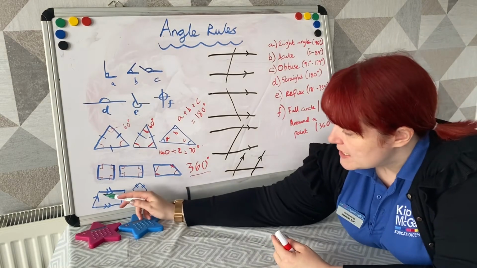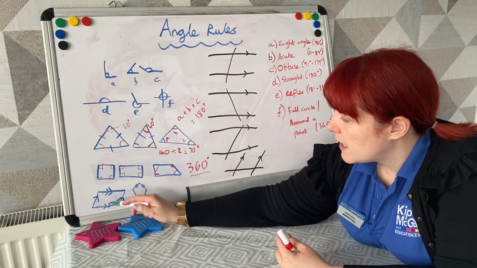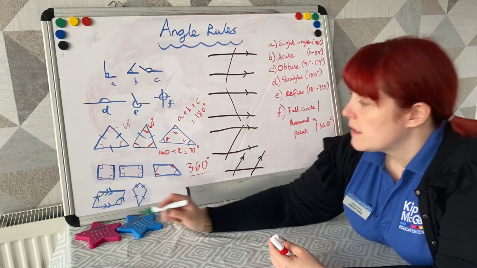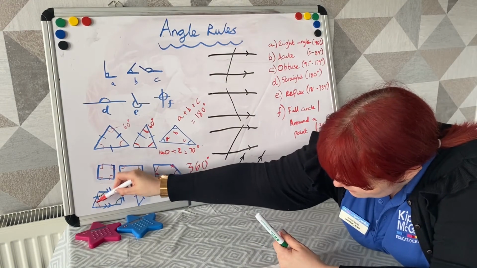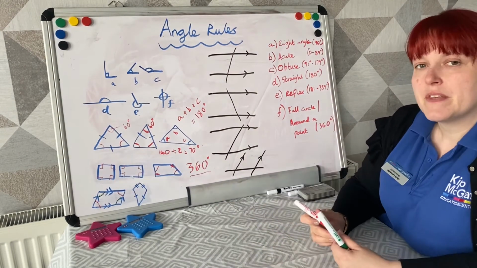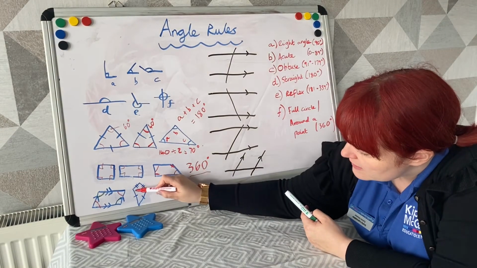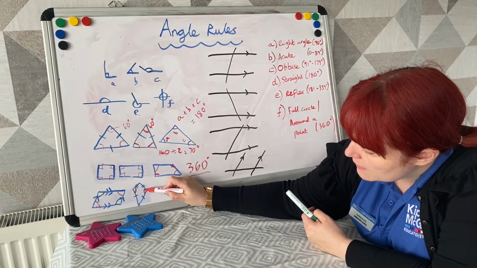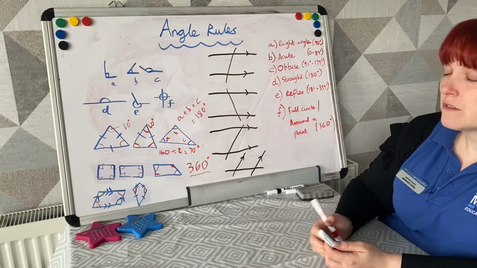Opposite angles in a parallelogram, so this one here and this one here, are the same, and the same going the other way. This one here and this one here are the same. So that's one rule for your parallelogram. And in your kite, these two here are the same. So that's some rules to do with quadrilaterals.